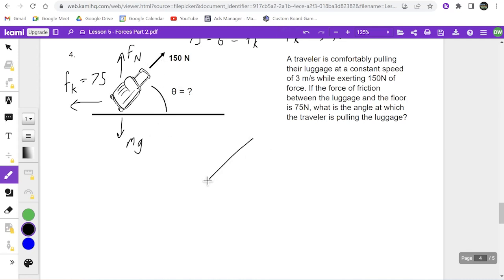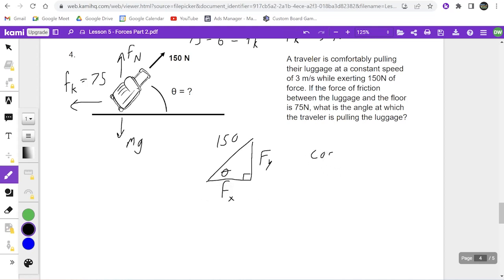So let's draw a right triangle, like we always should. This is some unknown angle theta. We're solving for theta. 150 is always going to be the hypotenuse, and we're solving for Fy and Fx. So for Fx, that's going to be the cosine, because cosine's touching, it's adjacent.